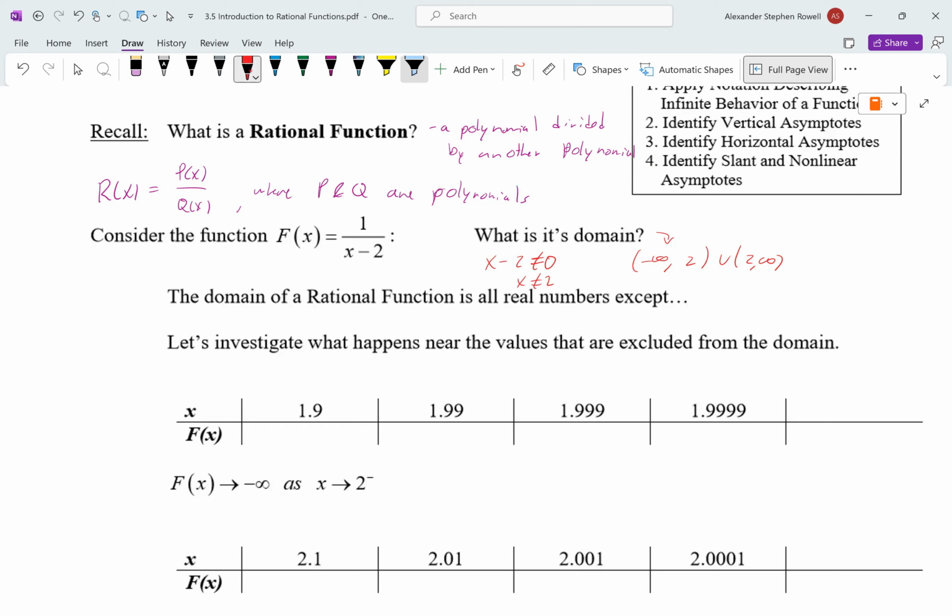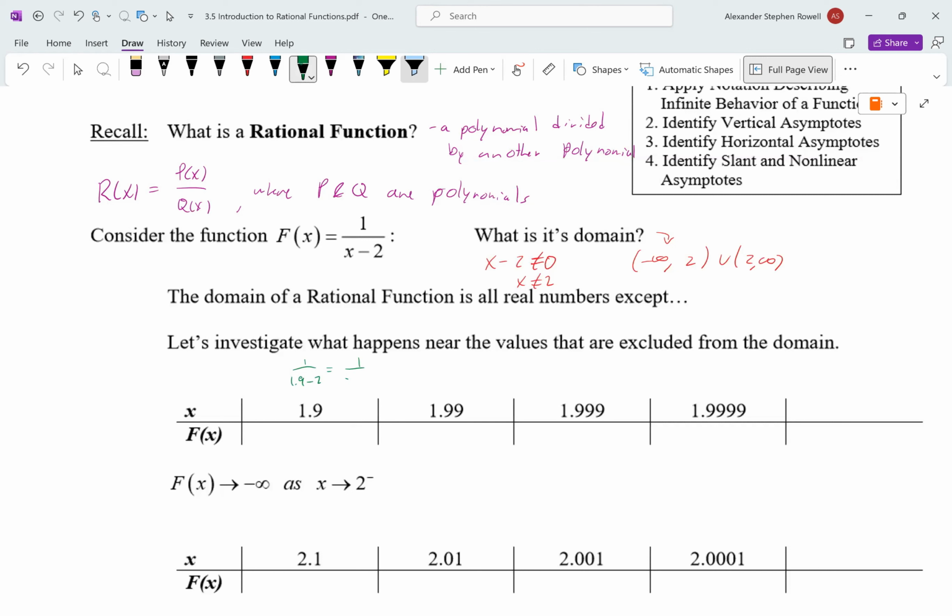What if we plug in numbers near 2? What's your favorite number near 2? 1, 1.9, 1.99. Okay, so you see I'm plugging in numbers slightly less than 2. What do I get if I plug in 1.9? Can you plug it in your calculator? 1 over, what's 1.9 minus 2?